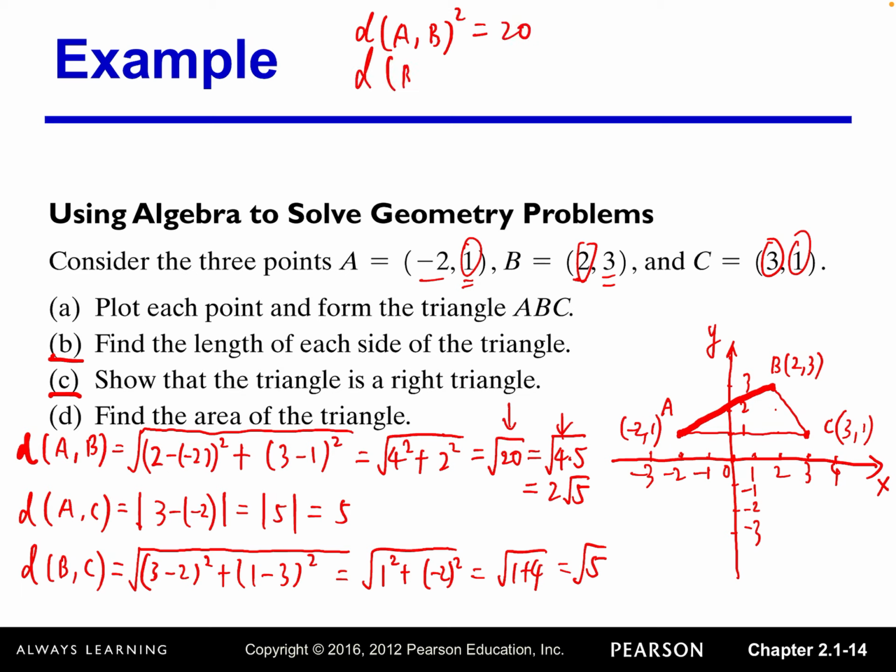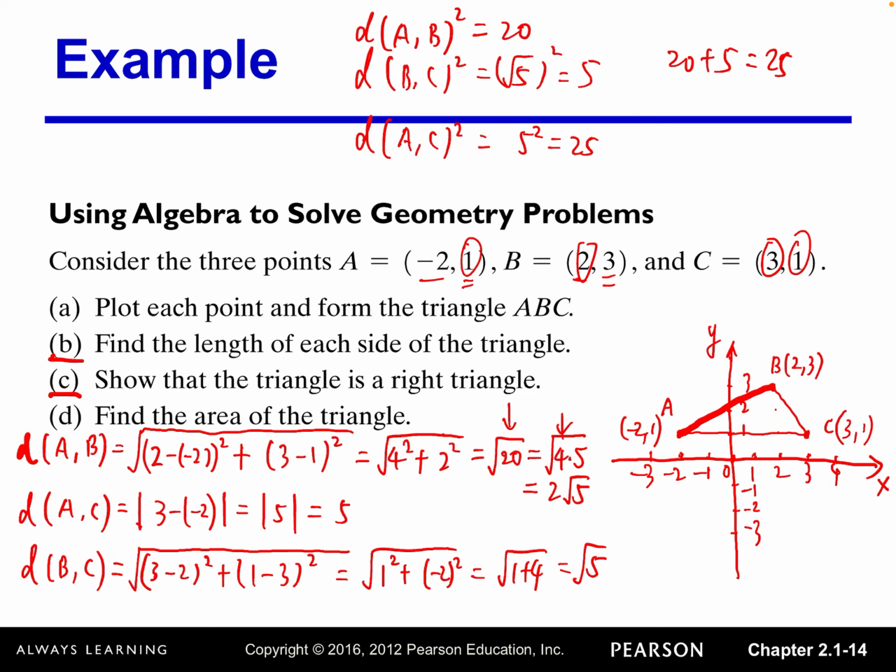And the distance between B and C squared, that's square root of 5 squared, which equals 5. And the distance between A and C squared, that's 5 squared, which is 25. So we can see clearly 20 plus 5 equals 25, right?